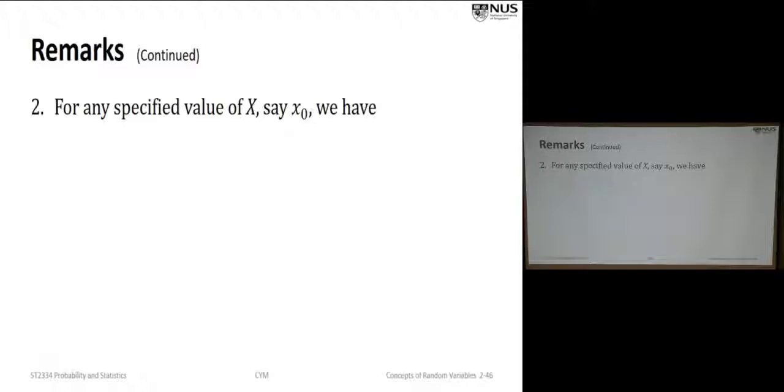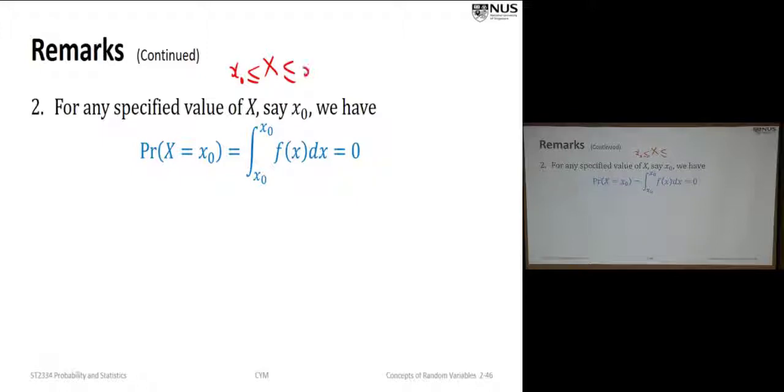Now, for X equal to a particular value, in other words, X less or equal to X naught and X greater or equal to X naught, what is this probability? Are they the same?